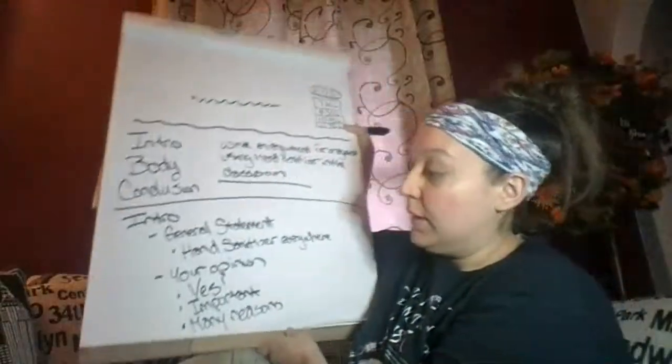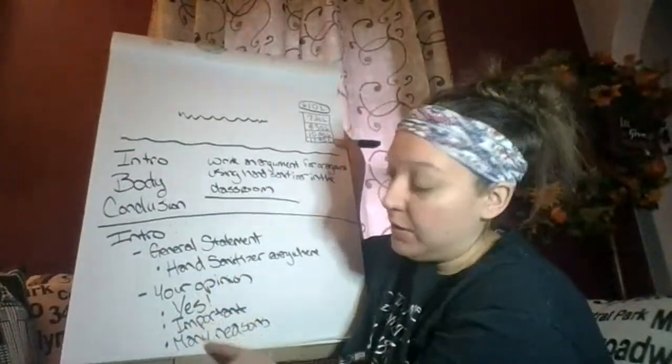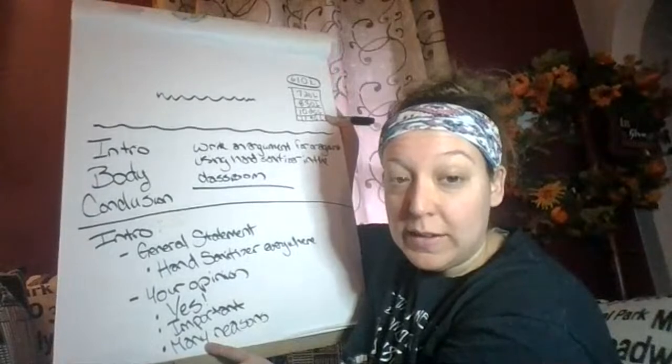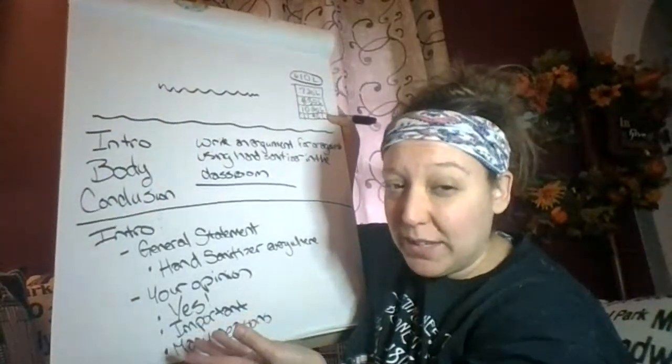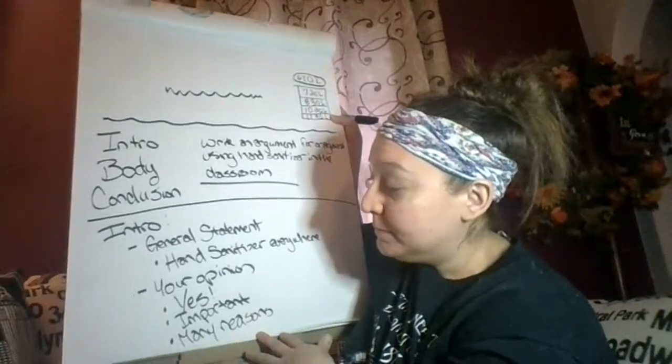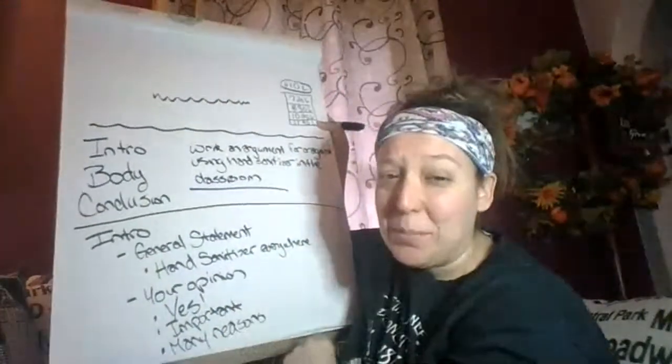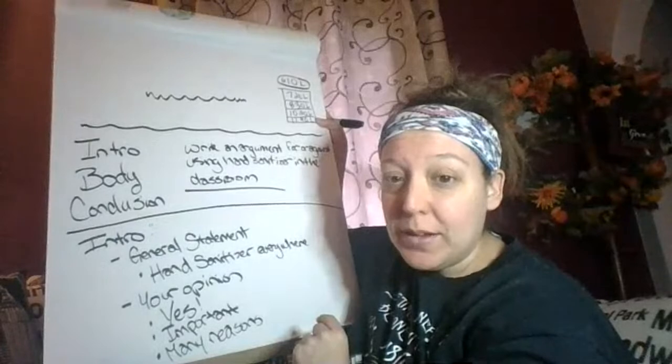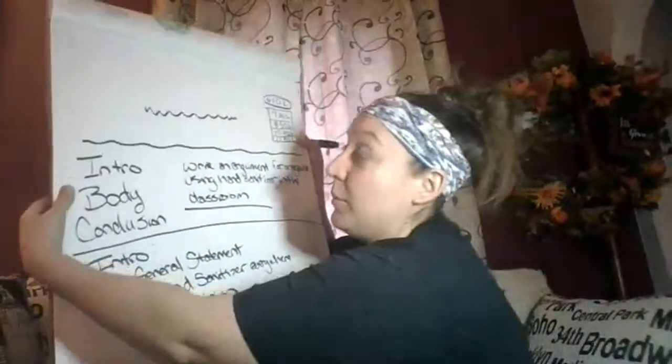So here's already what I have. 1, 2, 3, 4. That's 4 sentences. And between explaining it to you and writing it down, I've taken maybe 5 minutes. That's my intro pretty much already done.